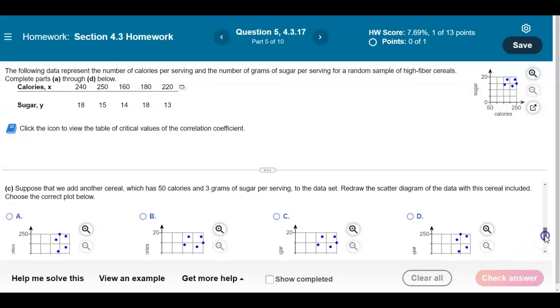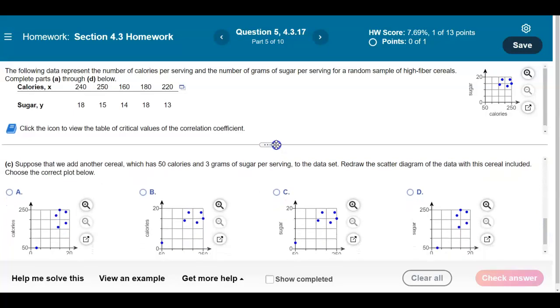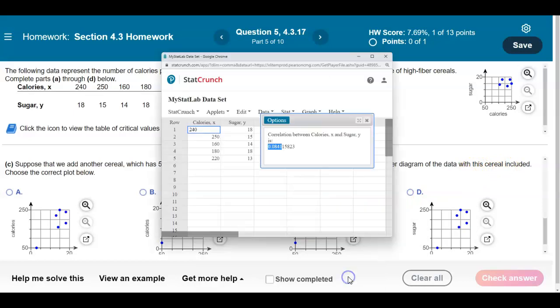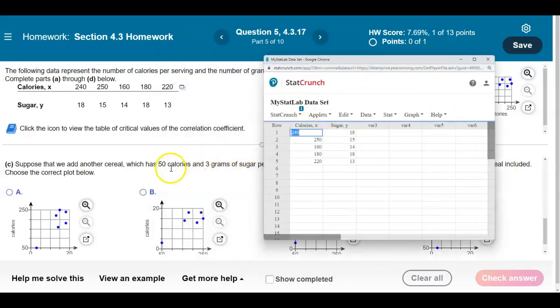It says, suppose that we add another cereal which has 50 calories and 3 grams of sugar per serving to the data set, and then redraw the scatter diagram with this cereal included. So we're going to open this up in StatCrunch and put in the point.